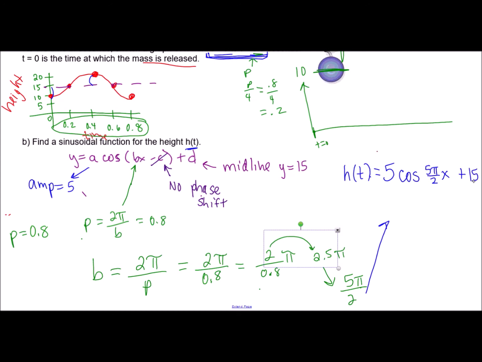So 5 cosine 5 pi halves x. You can put these in parentheses if it helps you see it. Plus the midline, which was the 15. And that's your formula for it.